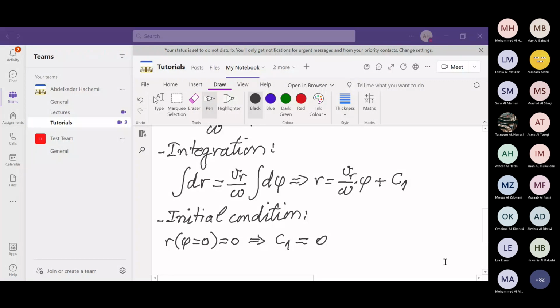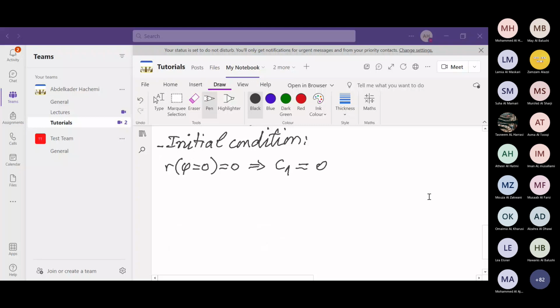Then we can get the following equation: the vector R as a function of phi is equal to R as magnitude in radial direction ER, and this is equal to VR divided by omega multiplied by phi in ER direction.